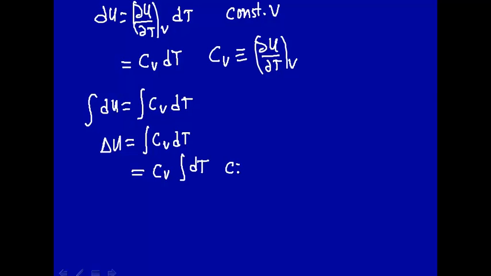Our assumption here is constant CV. CV does not depend on temperature, so you can pull it out of the integral. And the integral of dT is just delta T, so this will just be CV delta T. So if we know the heat capacity at constant volume, and we have a temperature change, and the whole process occurs at constant volume, we can calculate the change in internal energy.